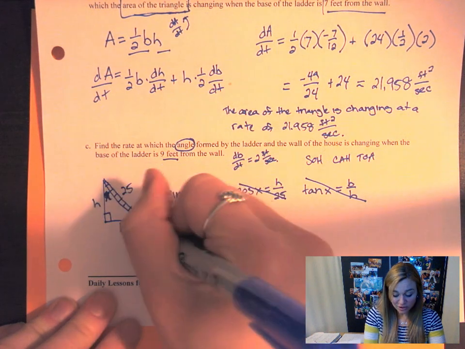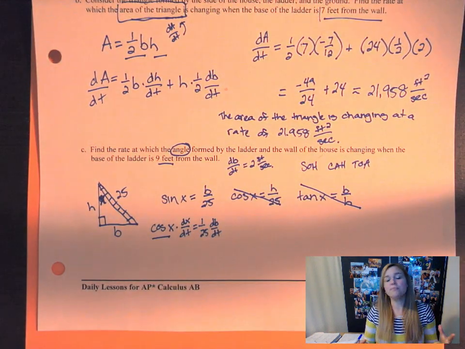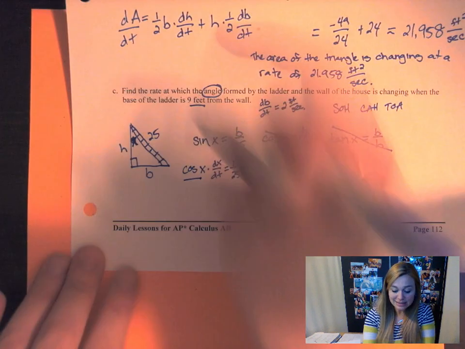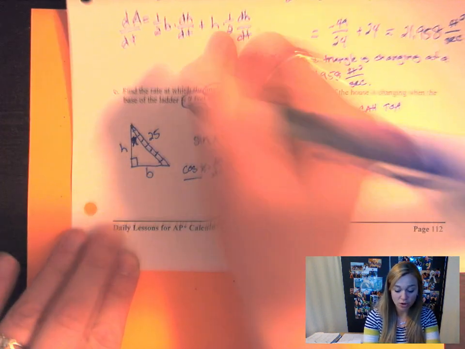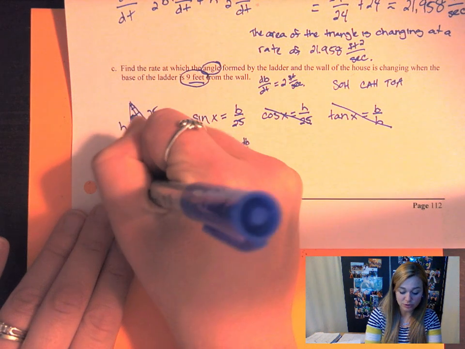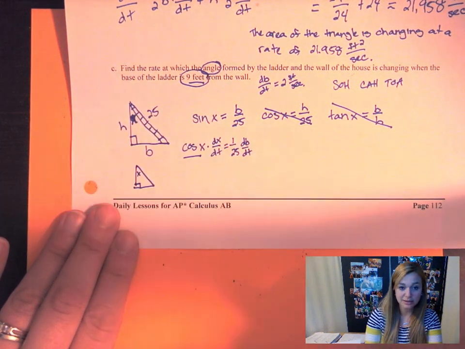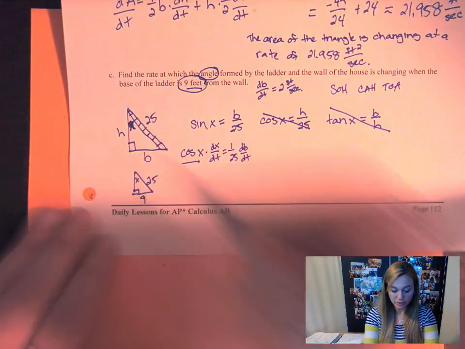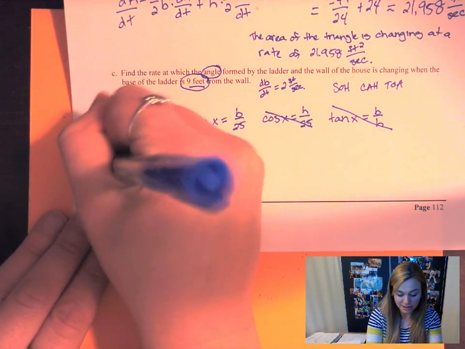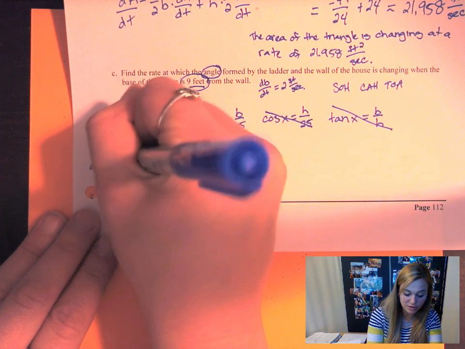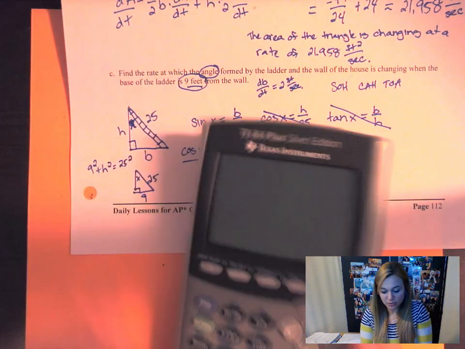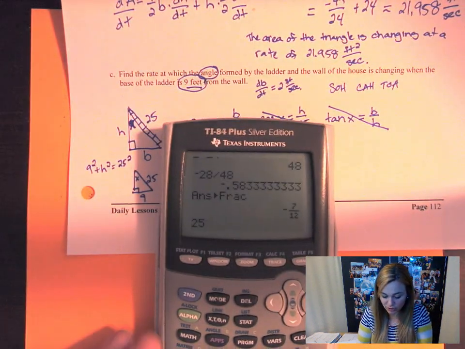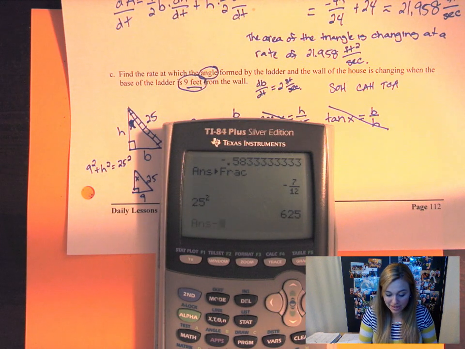But people get stuck right here, and they're like, what do I do? Sine, cosine, and tangent are all just ratios. And I can say at a moment when I'm 9 feet from the wall, I know a lot of those ratios. So if this is x, I know this is 25. 9 feet from the wall, I can find 9 squared plus h squared is equal to 25 squared. 25 squared, remember, was 625, but I'll do it again. 25 squared minus 9 squared, which is 81, but I'll just put a 9 squared.